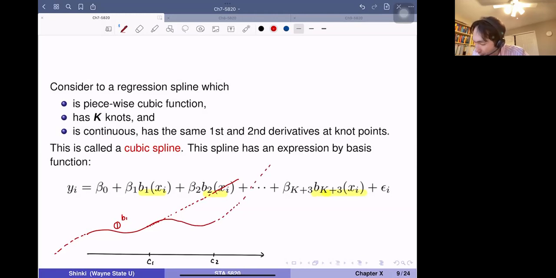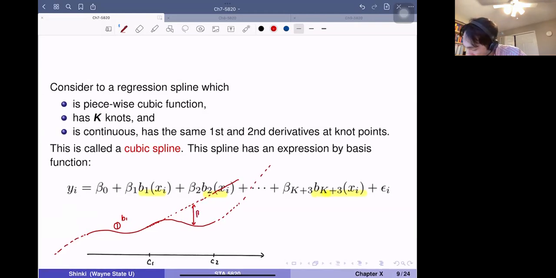So the difference between this and this is B2. To be exact, maybe beta 2 times B2. So this may be beta 1, beta naught is always there, but this difference is beta 2 B2. And after C2, we fit another curve.